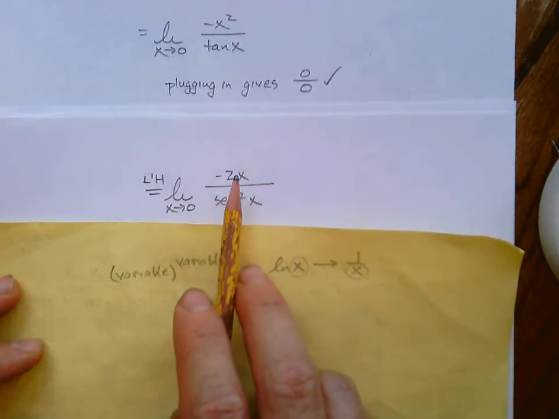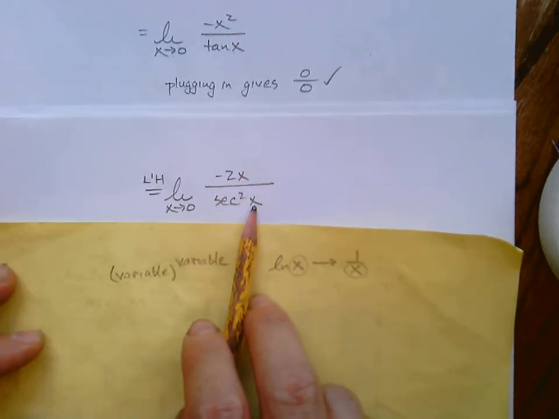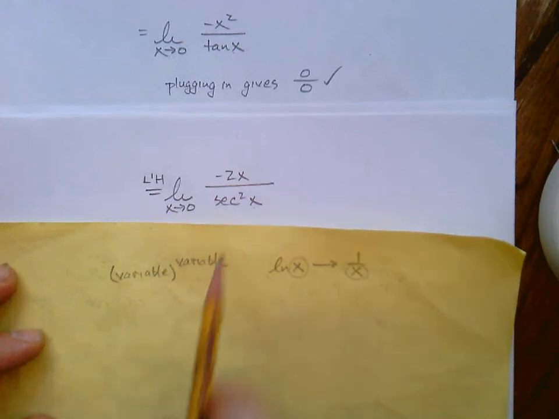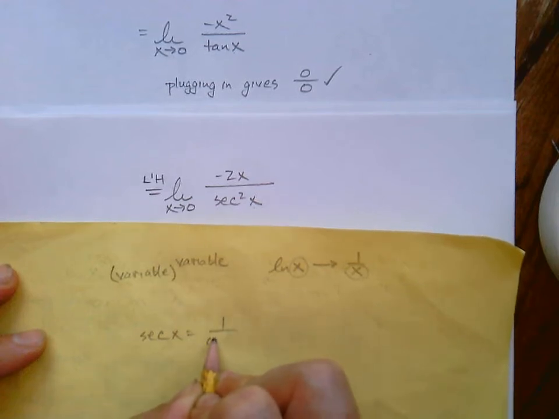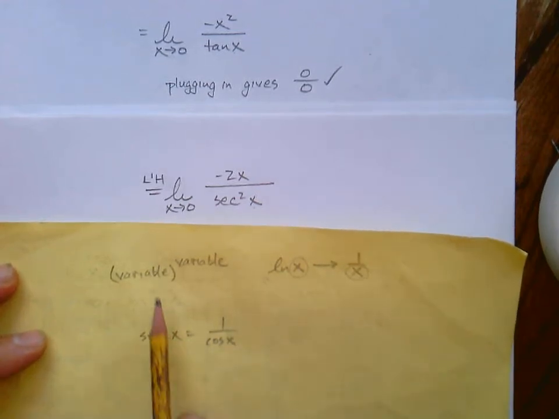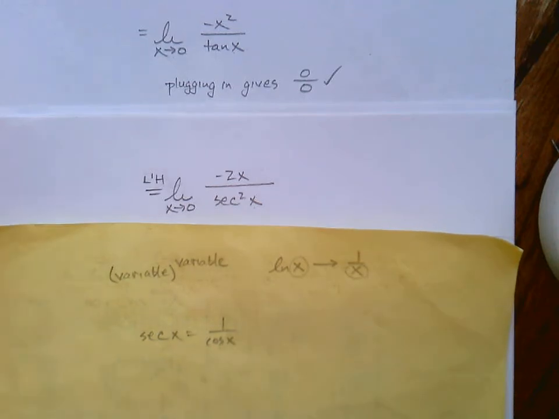So plugging in the 0. Plugging in 0 for secant. So you may recall that secant x is 1 over cosine x. So if you put in 0 here, cosine of 0 is 1. 1 over 1 is 1, and then if you square it, you still get 1.